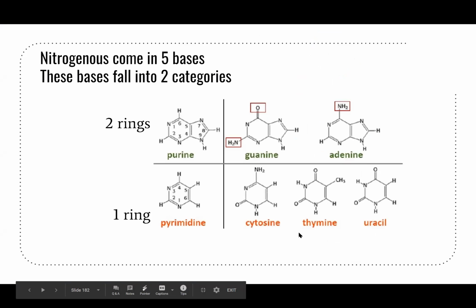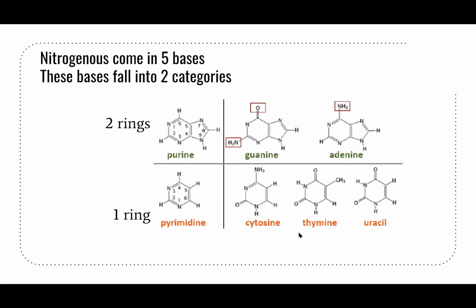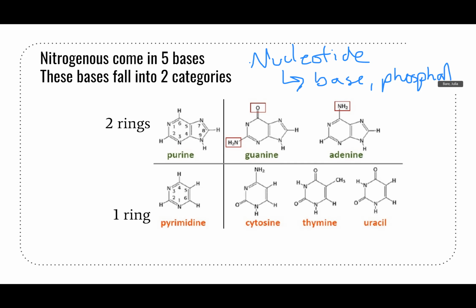Now, nitrogenous bases fall into 2 categories. This is just the base portion of a nucleotide, right? Because if we remember, the nucleotide is the building block of nucleic acids, and it's going to be made of the base, the phosphate, and the sugar.